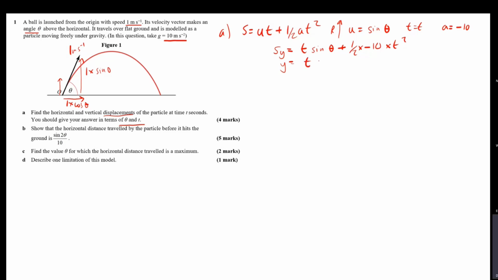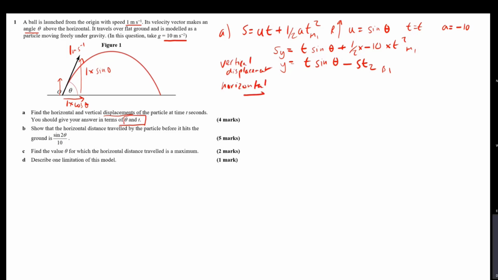And you should see that's just going to be t sine theta, and minus times a half, that's going to be minus 5t squared. So, like I said, substituting your values in gives you a method mark. This is going to be another mark because that's the vertical displacement formula.